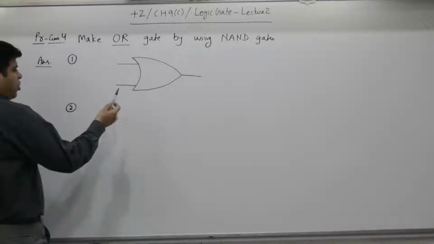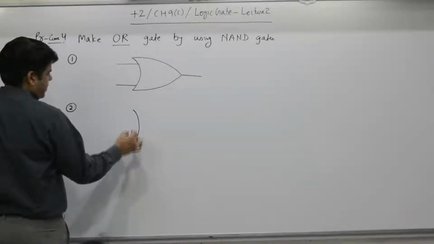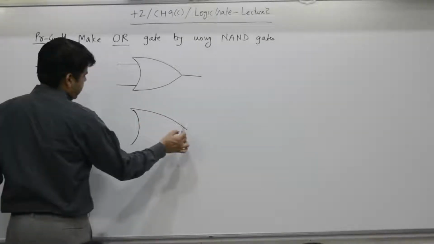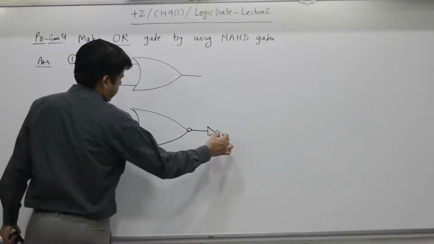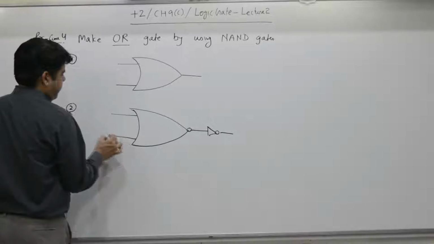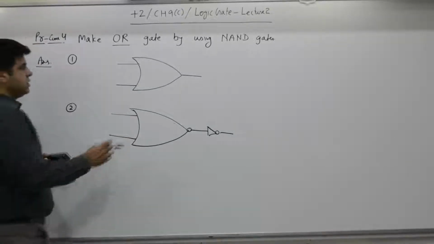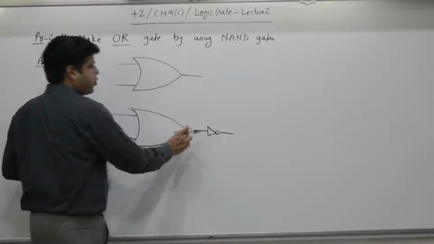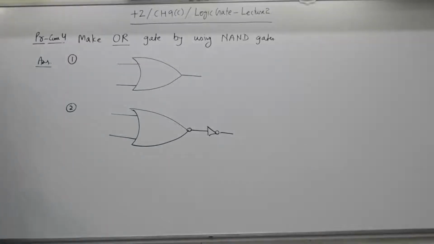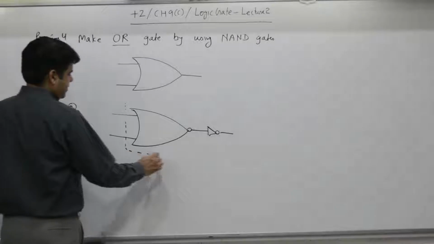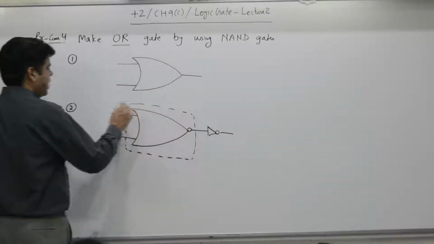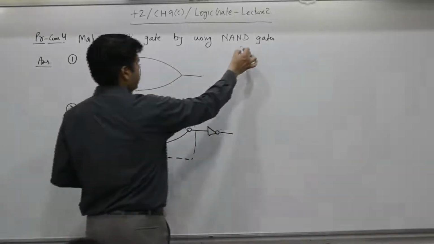How to change OR to NOT? Let us see. OR to AND or not NAND gates. This is same or not? Because this is not, this is also not. Not effect is cancelled. Now, can you change this to AND or NAND format?